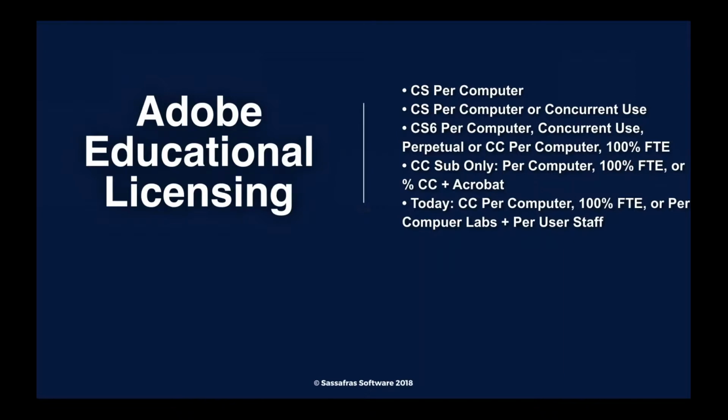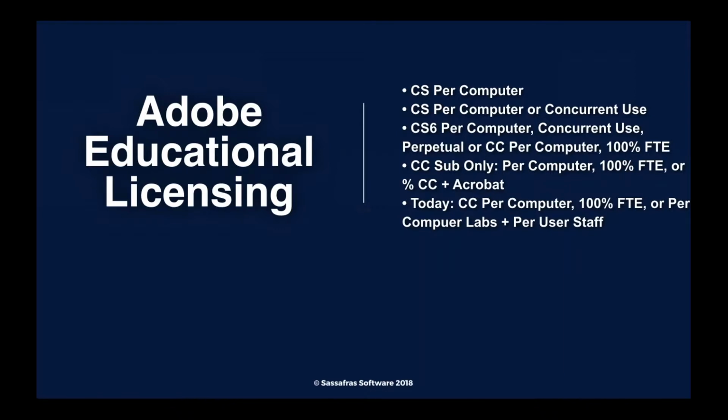After CS6 was removed, earlier than originally planned because of how quickly people were moving to subscription only, there was, of course, the per computer model. You could pay for the site license, and a lesser known model that was available to universities who called and complained, essentially.